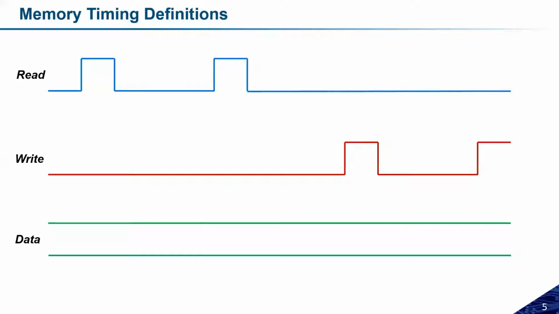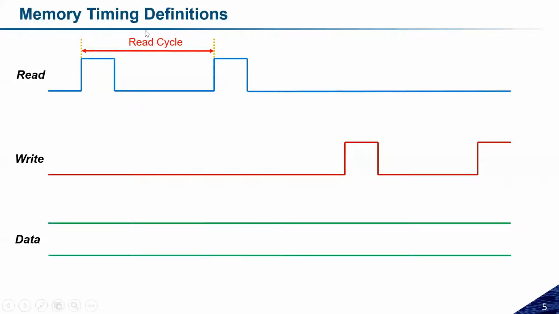Let us assume the read is activated over here. The first important thing is the time difference between two successive read pulses, known as the read cycle time. The read cycle time of the memory is the minimum time required between two successive reads.